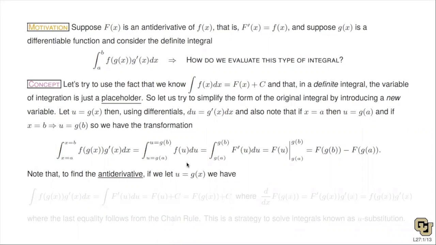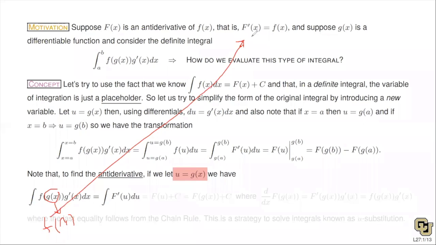Again, if I let u equal g of x, so here's my transformation, look what happens to the antiderivative. The g of x here becomes the letter u. And so this becomes little f of u, but little f equals capital F prime.